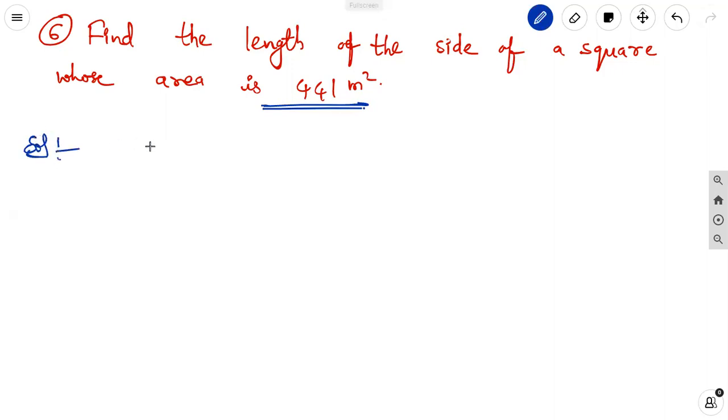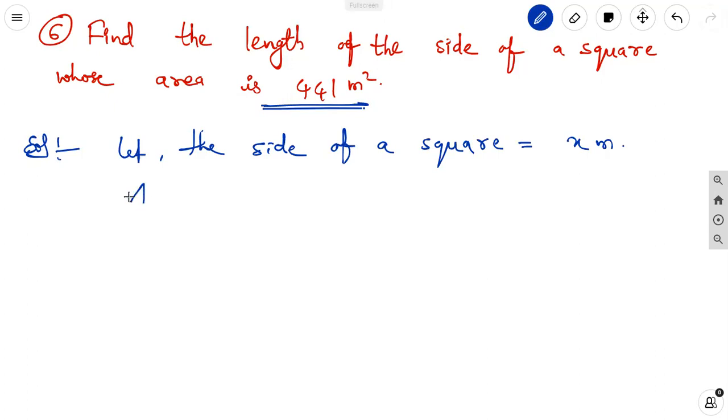Let the side of the square be x meters. We know the area of a square is x into x, x meter into x meter, that is x square meter.